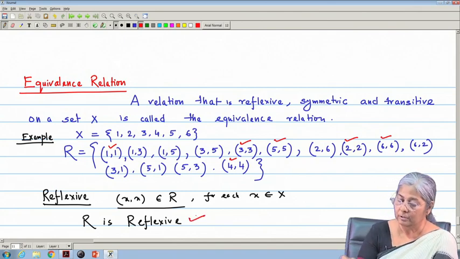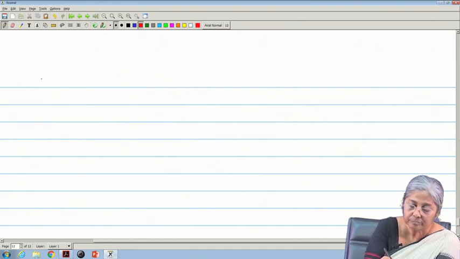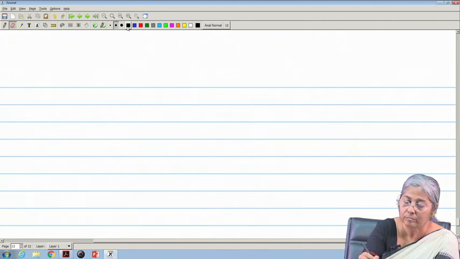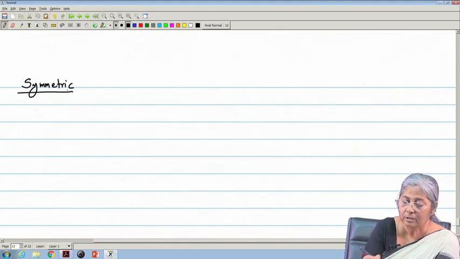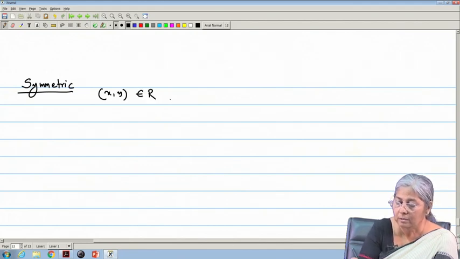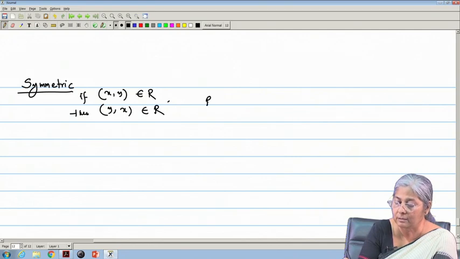Now, we check for symmetric. If (x,y) belongs to R, and (y,x) also belongs to R, then R is symmetric.